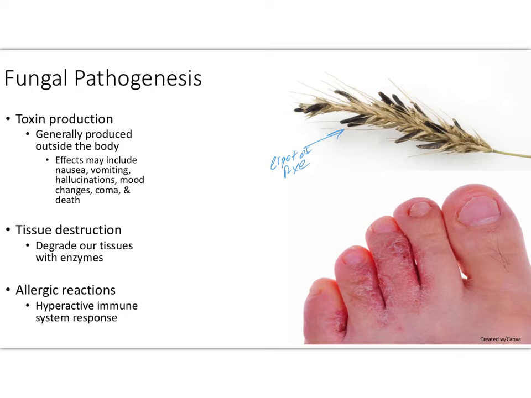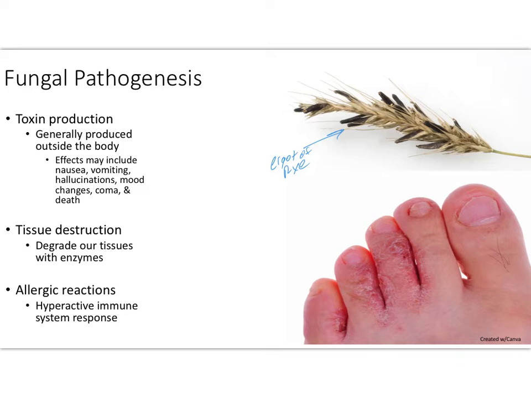We ingest the toxins in that way, and we start to experience a variety of symptoms, usually including something like nausea, vomiting, hallucinations, mood changes, potentially even up to things like going into a coma and dying. So fungal toxins can be rather mild, or they can be very, very serious and cause death.